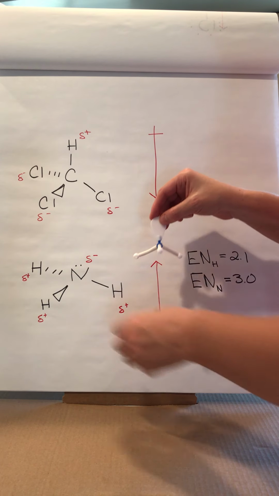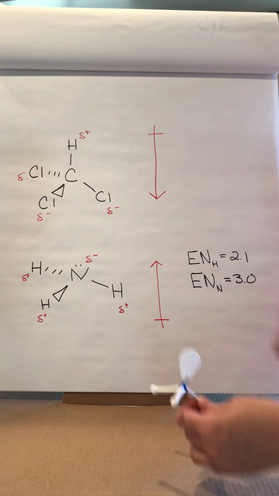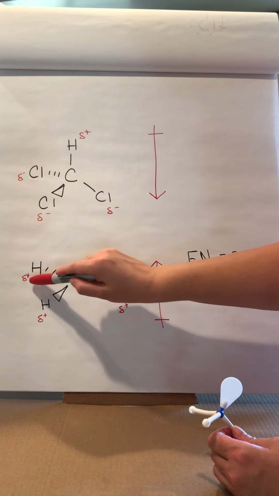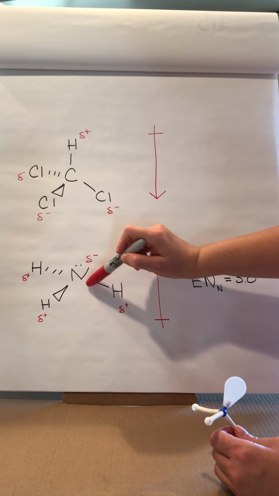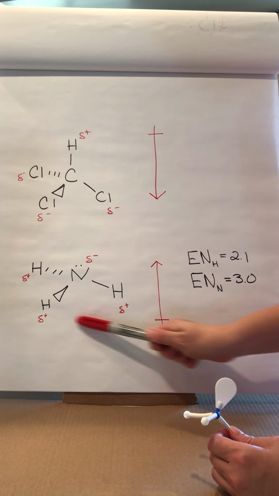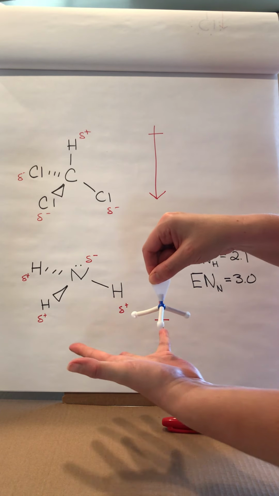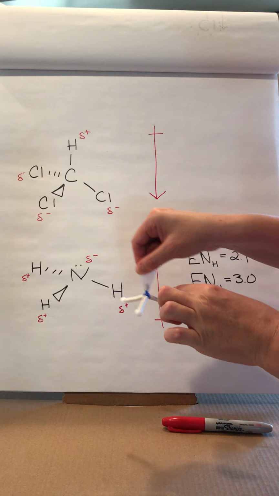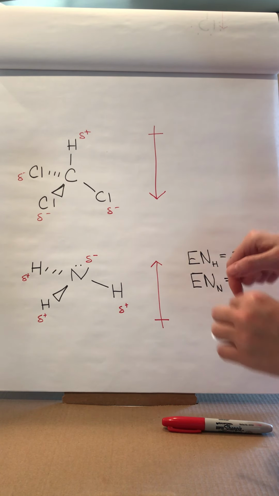And it's the nitrogen in the center that is pulling the electrons towards itself. So we could draw dipole moments like this, where the arrows were all pointing into the nitrogen. Or we can just put the partial positive symbols down here to indicate down on this area of the molecule it's partially positive and the electrons are flowing up towards the nitrogen, which is going to be partially negative.